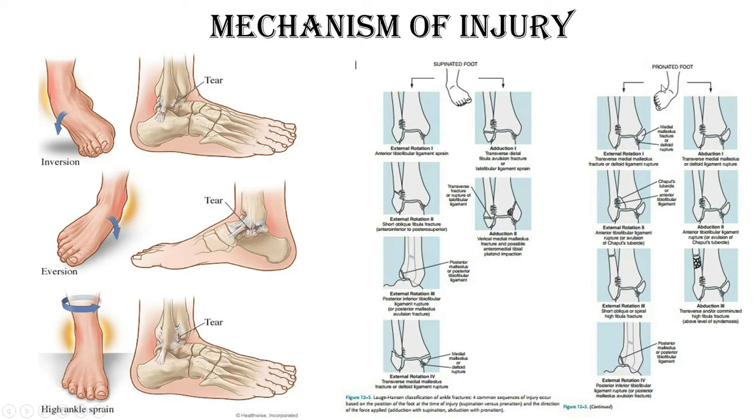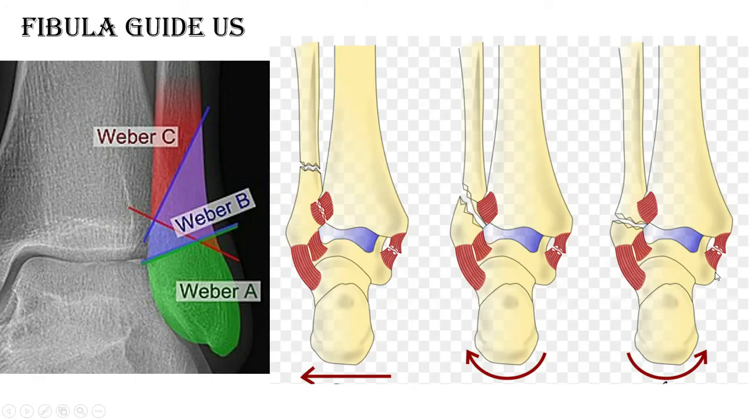And this is pronation of the foot, which will be associated with eversion of the foot, and that may be associated with a medial malleolus fracture. Around the ankle fracture there are various types of classification, but among them the Weber classification is also very effective.